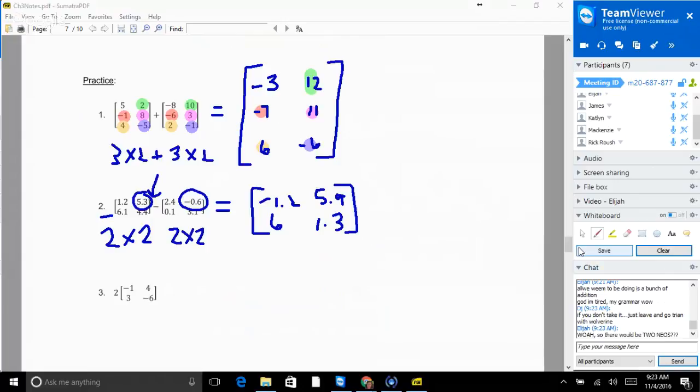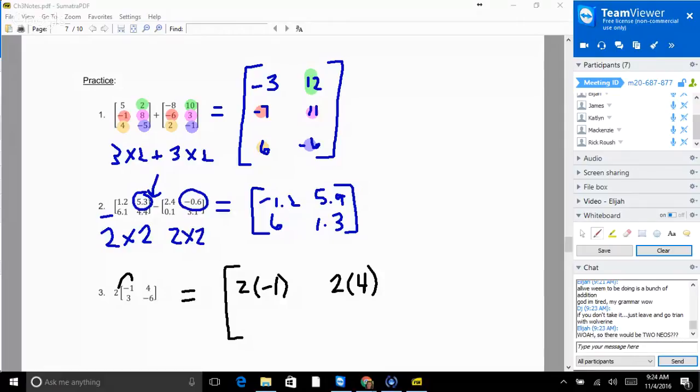Okay. So that means that when I do this, to be overly obvious here, I'm going to multiply 2 by -1 in the first position, right? In my first row, second column, I'm going to multiply 2 times 4.